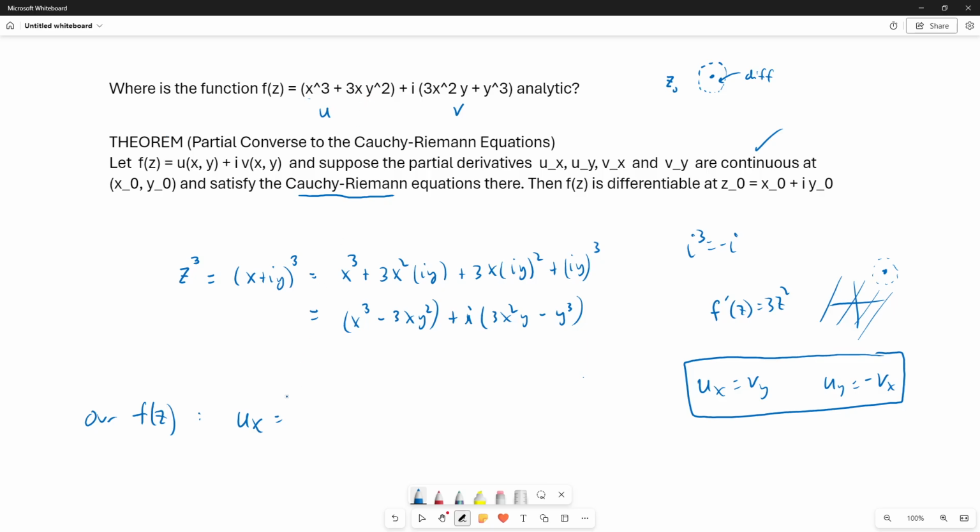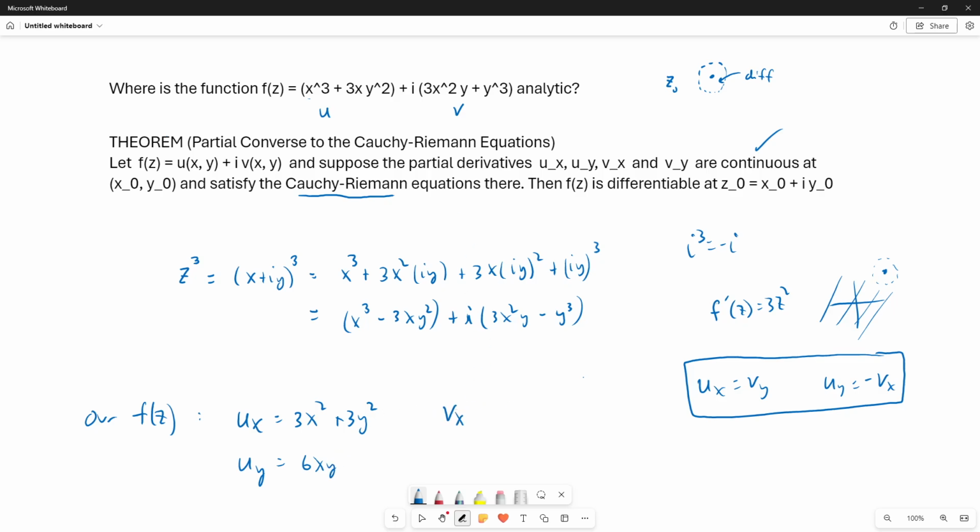So u sub x is 3x squared plus 3y squared. u sub y is 0 plus 6xy, 6xy.